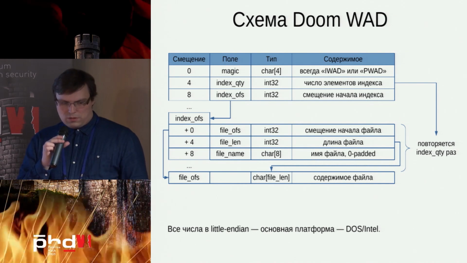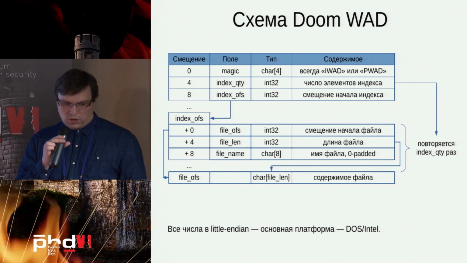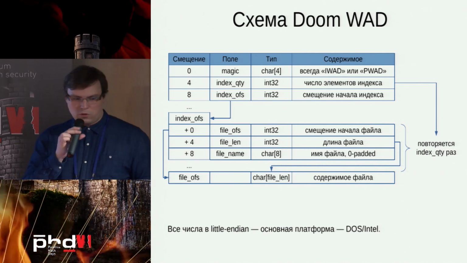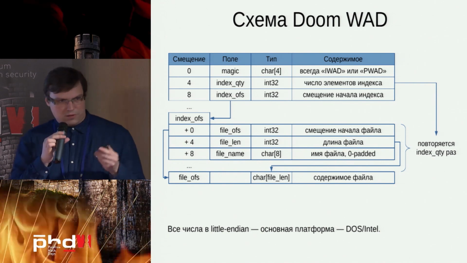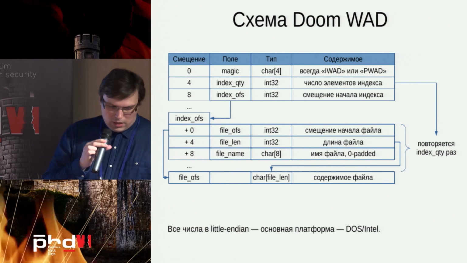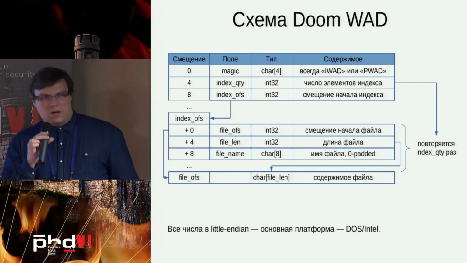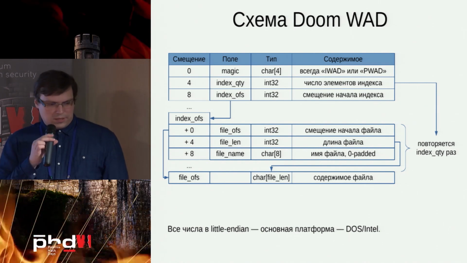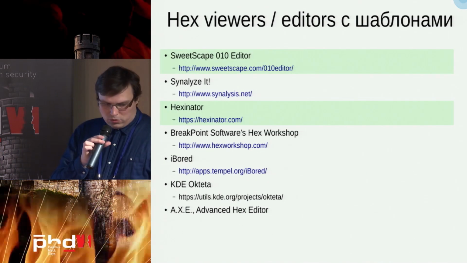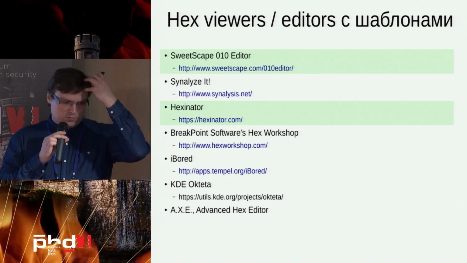The files themselves are shifted as it is mentioned in the field. They can be found with one seek. Since the main platform is Intel DOS, it is pretty simple.